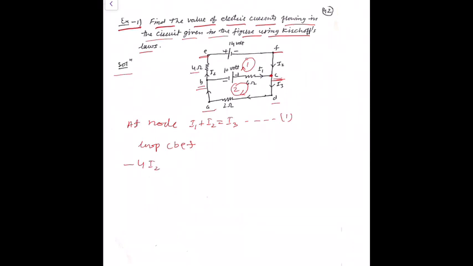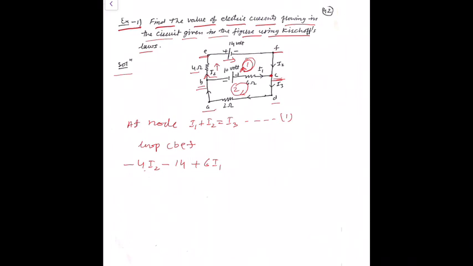Here the resistance is 4, and the traversal direction is clockwise, and I2 is in the same direction. So minus 4 I2. Next, minus 14, going from positive to negative, so minus 14 plus 6 I1.